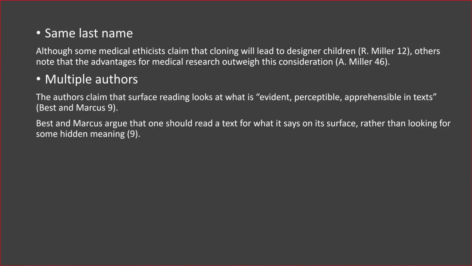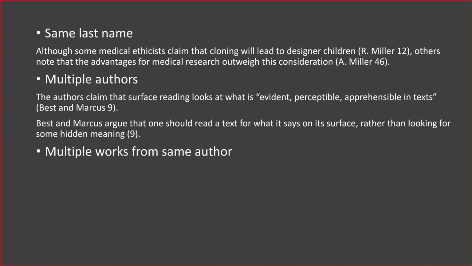I don't have an example here with me, but if you have three or more authors, what you do is you list the first author's last name, and then you say et al., and that indicates that there are more than two authors, and you would then list all of the authors in your citation at the end of your essay.